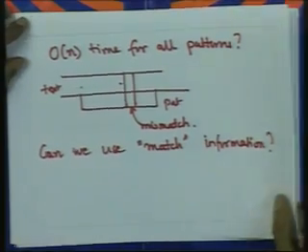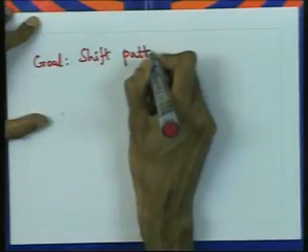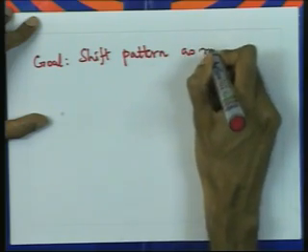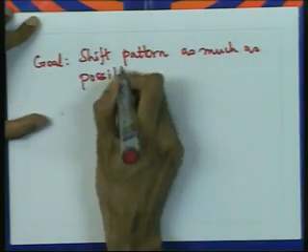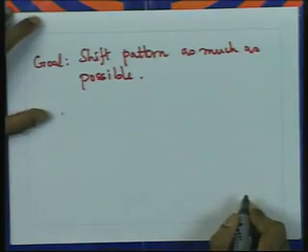What we would also like to do, like in the previous case, is try and shift the pattern as much as possible. So here's one goal: shift the pattern as much as possible. So what does this mean?